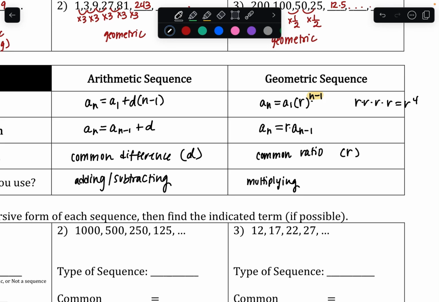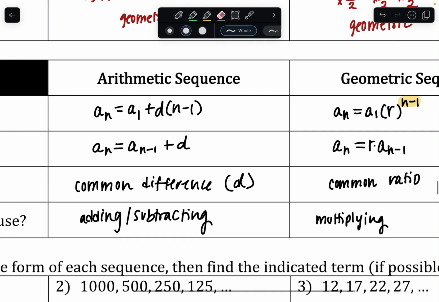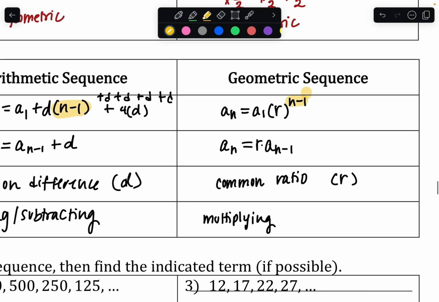And so now we have an exponential expression, whereas when we have repeated addition, that turns into multiplication. So if I had plus D, plus D, plus D, plus D, that's really just 4 times D that I'm adding. Okay, and so that's why you're seeing n minus 1 being multiplied in arithmetic. That's why you're seeing n minus 1 as the exponent for geometric.